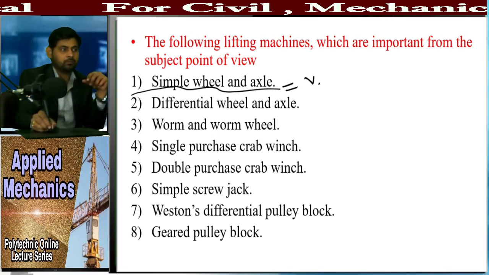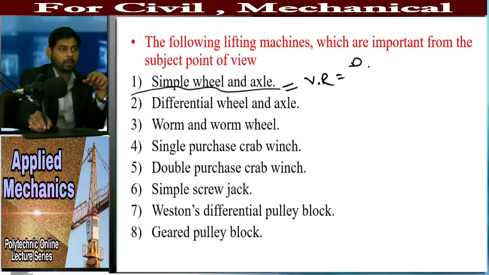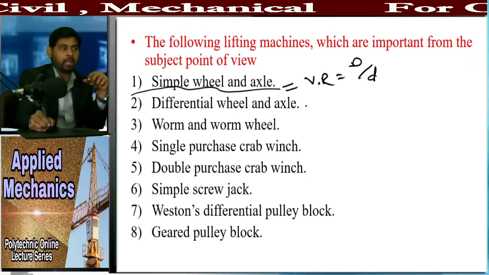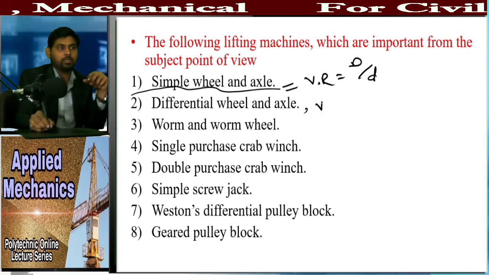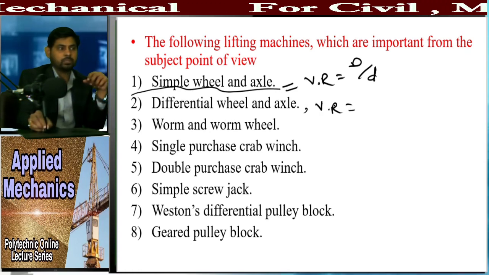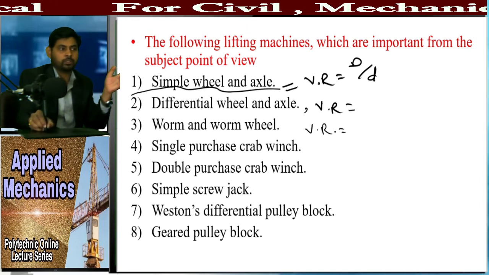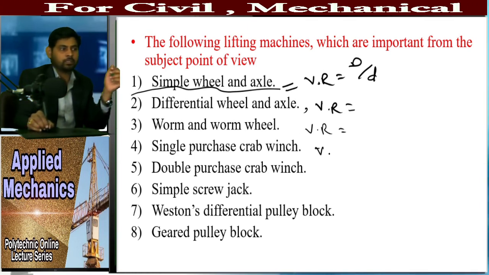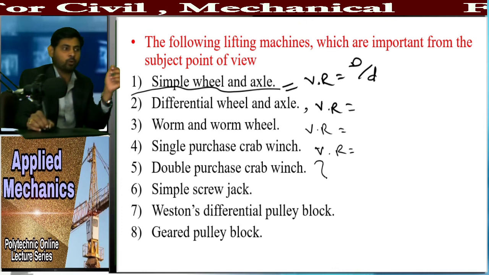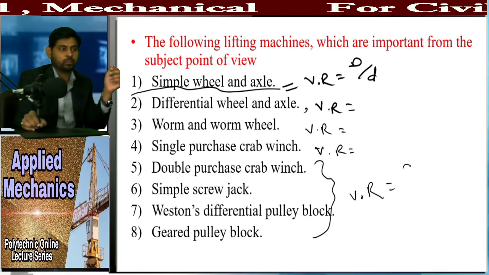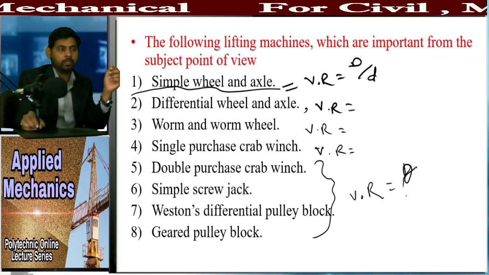For this, velocity ratio is nothing but capital D by small d. For the differential wheel and axle, it will be different. Here there is another equation for that. Here also another equation. So for all these machines, the equation of velocity ratio will be different.